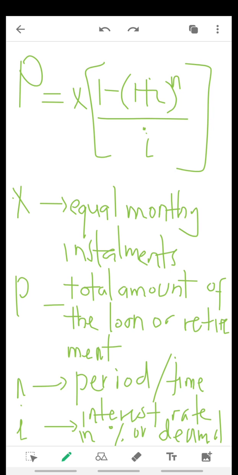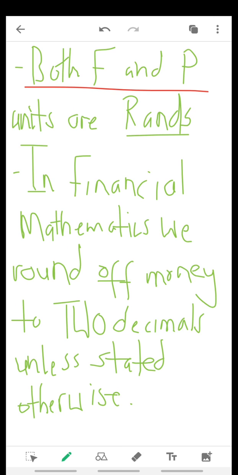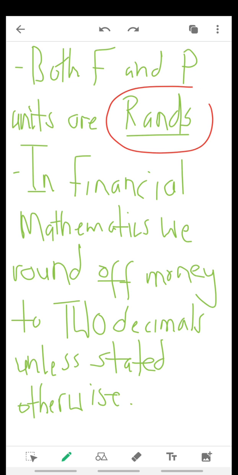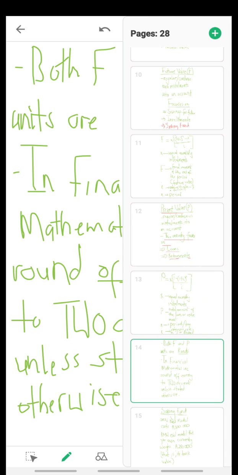Very, very important. Now, both future value annuity and present value annuity are calculated in rands. And also in financial maths, we usually round off money to 2 decimal places unless stated otherwise. This is money, so usually we round off to 2 decimal places.